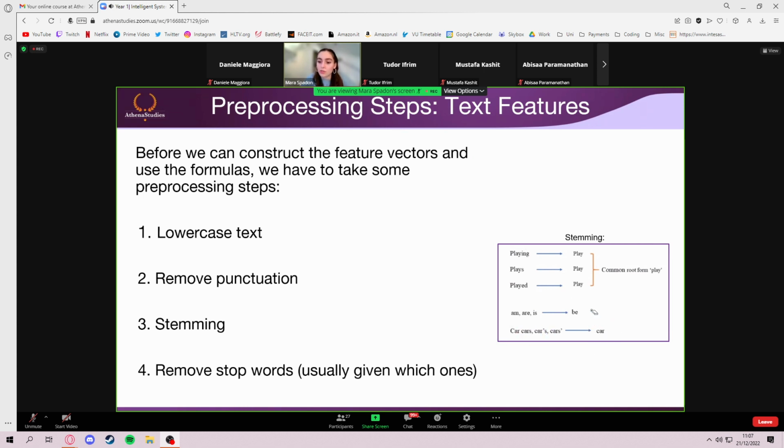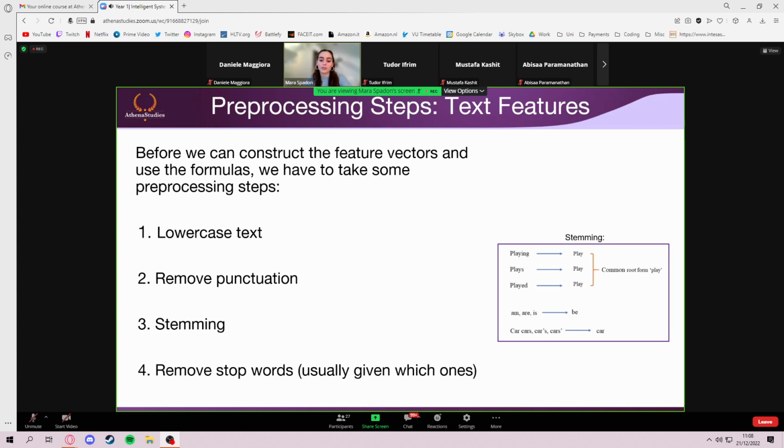You just take the word car, such that if you have car in one sentence but cars in the other one, and when you take this feature vector of car, that means that in every single sentence that word will be seen as the same word, basically. So if we have playing, plays, or played, then we just take one feature vector, basically the word play, and then they will get values of 1 for each of these sentences. But I think that will become more clear when we do a practice question.